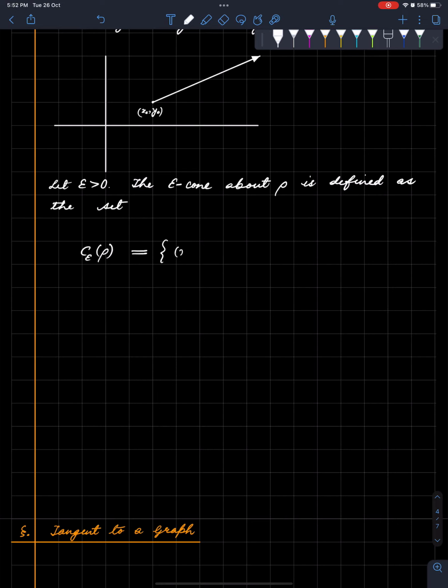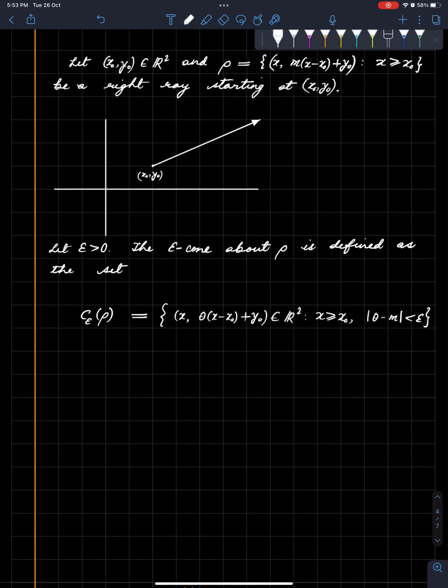We take x comma theta times x minus x naught plus y naught, all those points in R2 with the property that x is at least x naught and theta is allowed to deviate from m by less than epsilon.